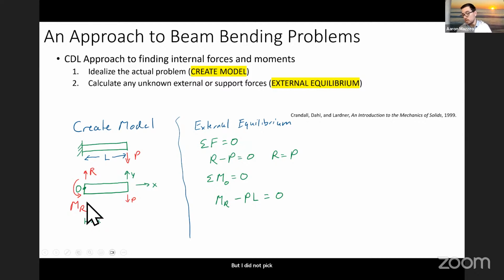Instead, what we've chosen here is to attempt to come up with an MR and an R that will be positive.